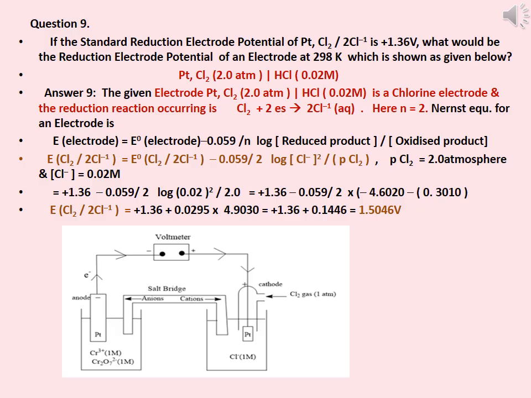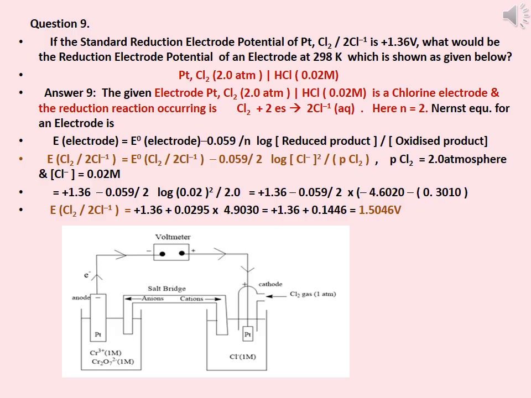So reduced product is Cl minus the whole square divided by oxidized product, partial pressure of chlorine. It is given that partial pressure of chlorine is 2 atmospheres and molar concentration of Cl minus is 0.02 molar.